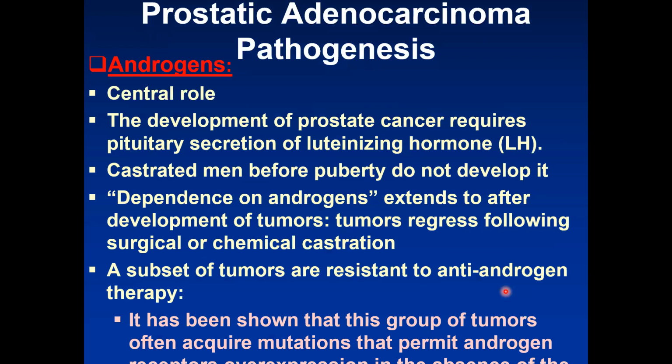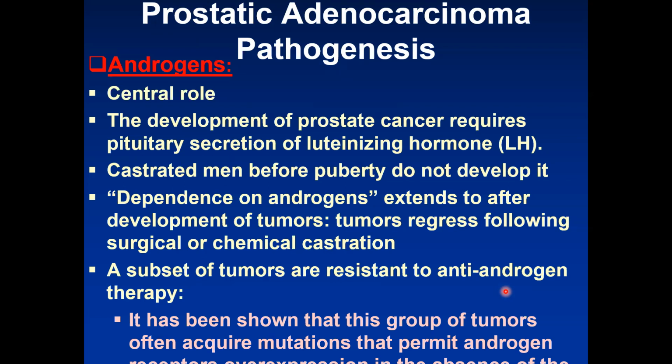Starting with androgen, central role. Remember that for adenocarcinoma of the prostate to develop, you need an intact pituitary LH axis. Okay, the LH is going to be the basis for all of this. Why? Because this is how the androgen is going to be made and released, right? And then that's going to be converted into DHT, and DHT will take care of business on the prostate.